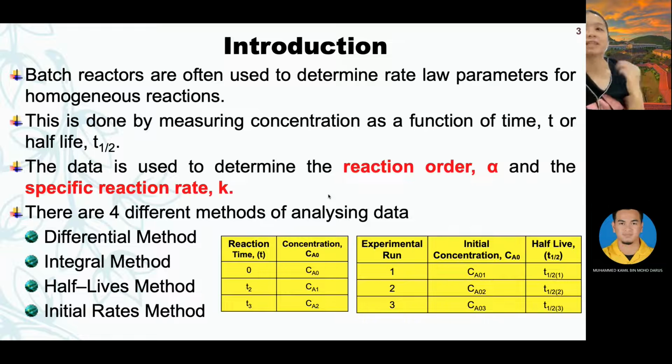Okay. Then, next, what kind of information will you have to collect from the experiment? What kind of data you are collecting depends on the method. Certain methods you measure concentration with time. Meaning, you imagine, I run an experiment, I prepare my fresh solution, I know the concentration.